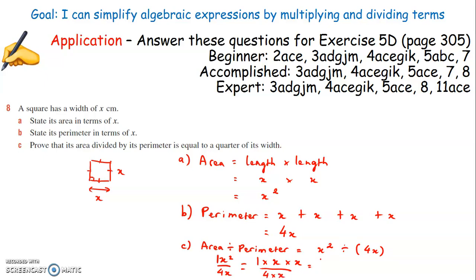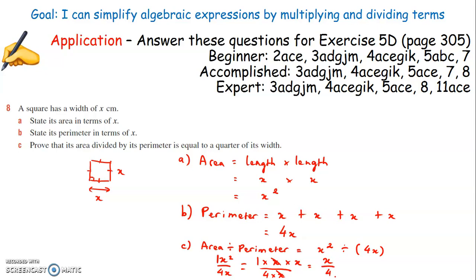Okay, so I have an x at the top and an x at the bottom, so we're going to cancel these two x's. So at the top now I have 1 times x, or just x, and at the bottom I just have 4. And this is x over 4.